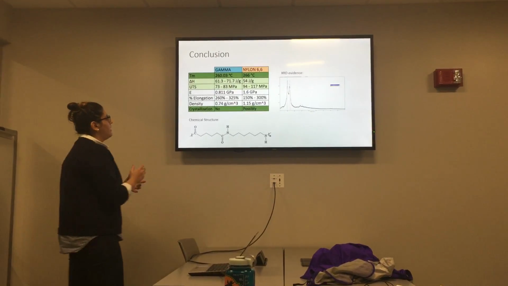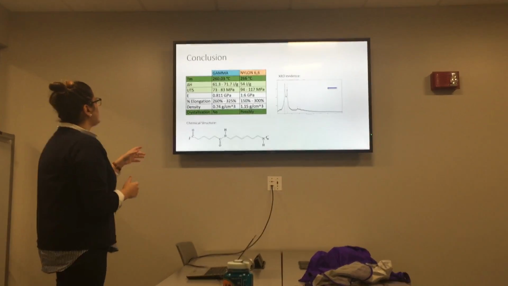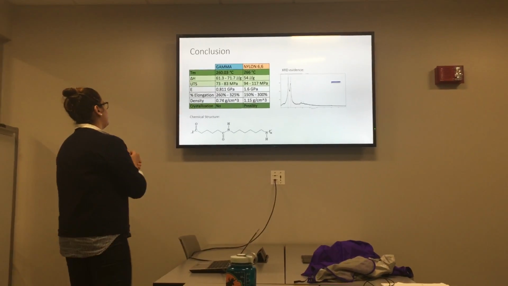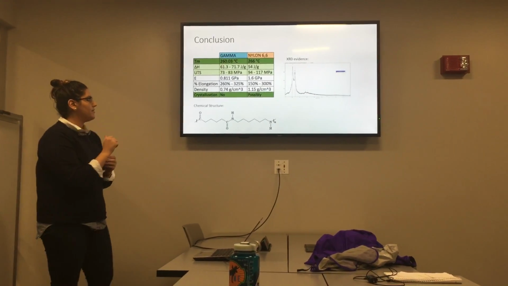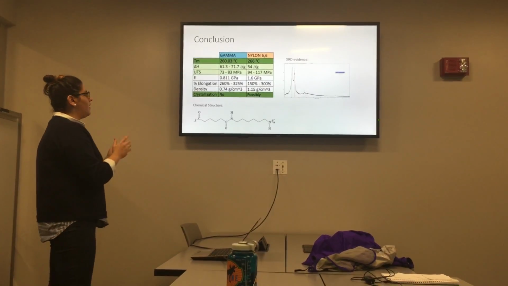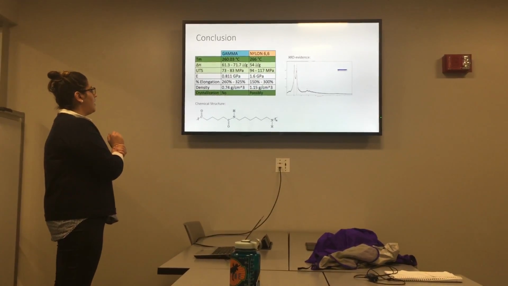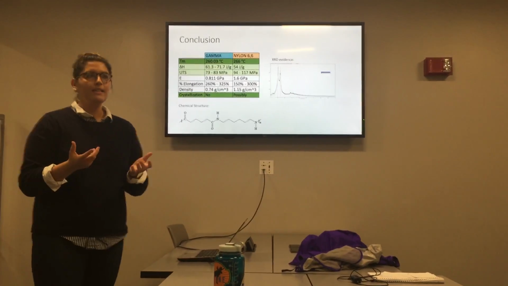So if you look at the data that we found, the melting temperature that we got was 260 C, and the melting temperature for nylon 6,6 from literature is about 266. We didn't find evidence of crystallinity in our optical micrographs, but that's acceptable.